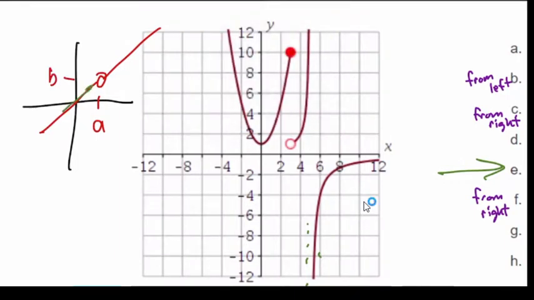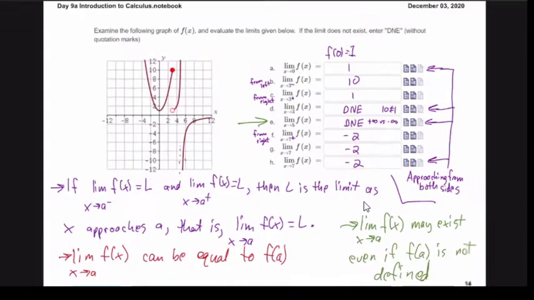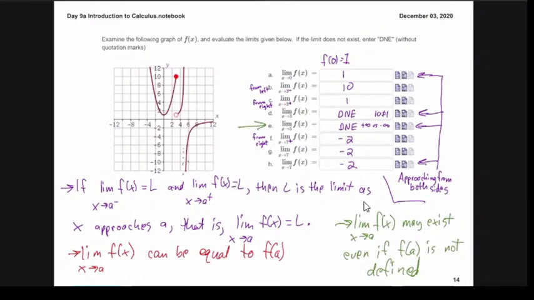Because as I approach from the left and the right, I'm getting that same value, even though f of a does not exist. So that point in our graph does not exist, but I can still find the limit as I approach it from the left and the right. So we've seen this all in our examples already. I just like how the textbook summarizes this, and I wanted to state that for you clearly so you could also take a look and understand the overall concepts that we've just applied in these example problems.